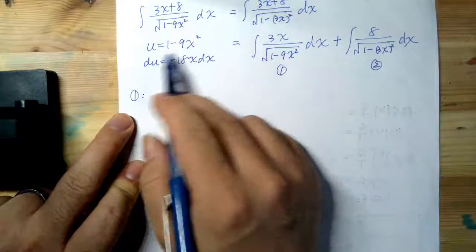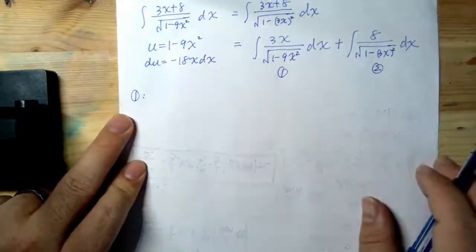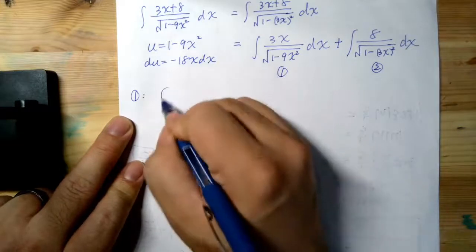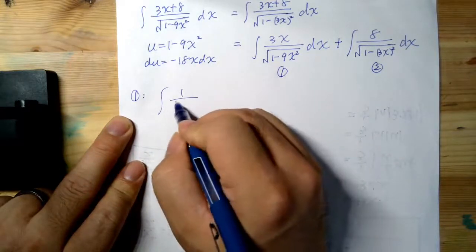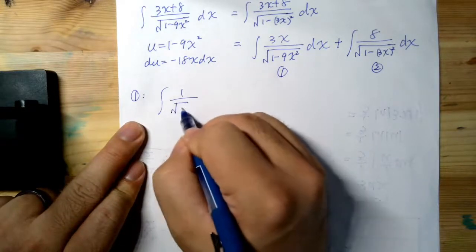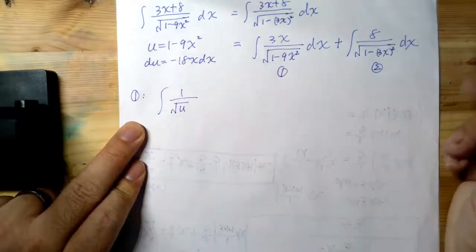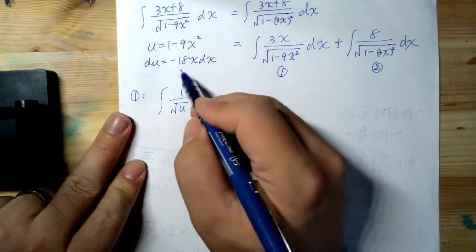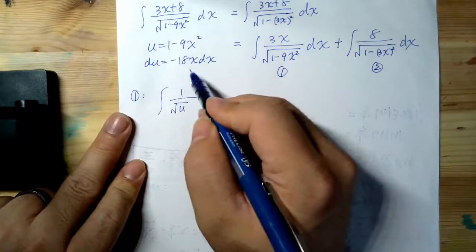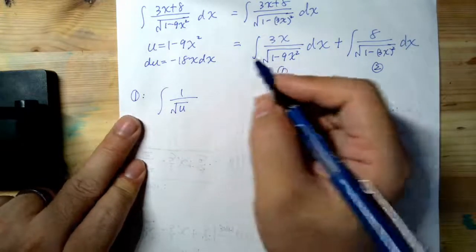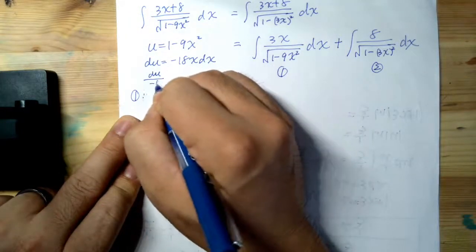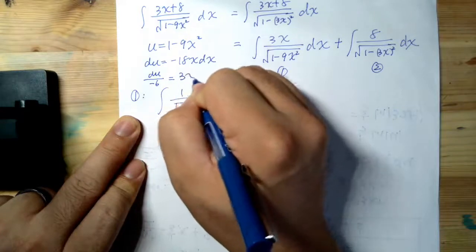As we see, we can make our u substitution, so that's going to give us integral 1 over square root of u. And then 3x dx, since we have du equals negative 18x dx, so du over negative 6 is going to be 3x dx.